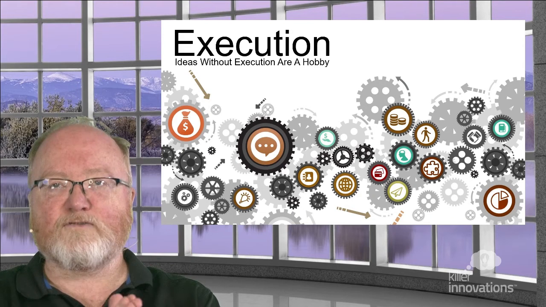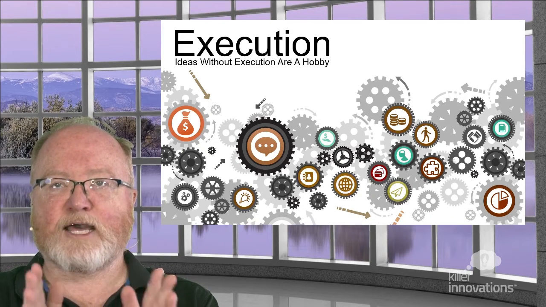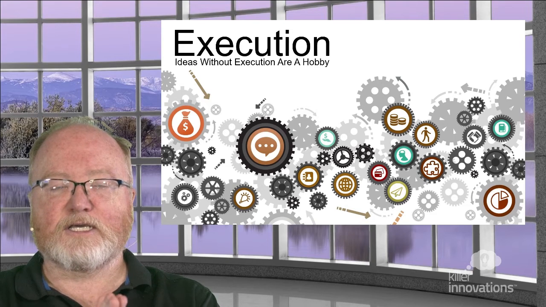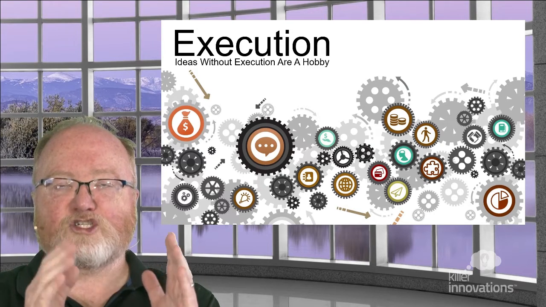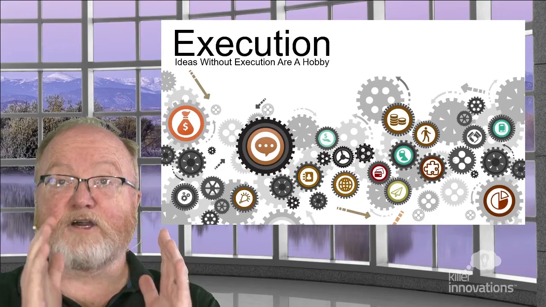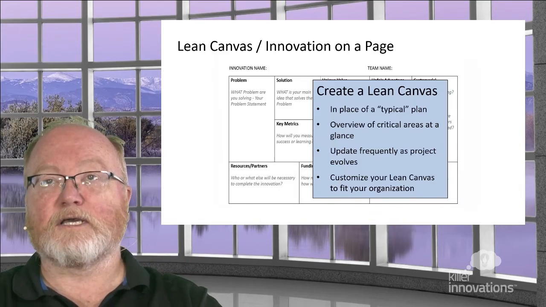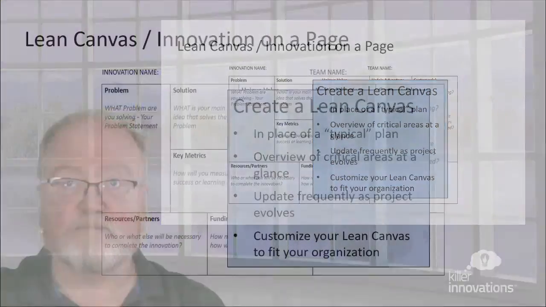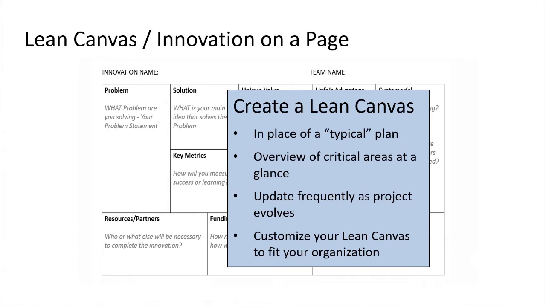Now, one of the tools that I use when I'm in execution, to keep myself on track and to keep the team focused, is the lean canvas. The lean canvas, or really what we refer to as innovation on the page, is in place of a typical plan, building out a whole business case or product case.